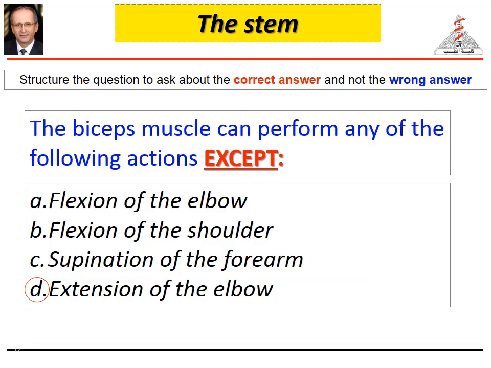Look at this question, for example. The biceps muscle can perform any of the following actions except, and the choices are flexion of the elbow, flexion of the shoulder, supination of the forearm, extension of the elbow. The student will select D as the right answer because he simply knows that the biceps is not an extensor muscle.